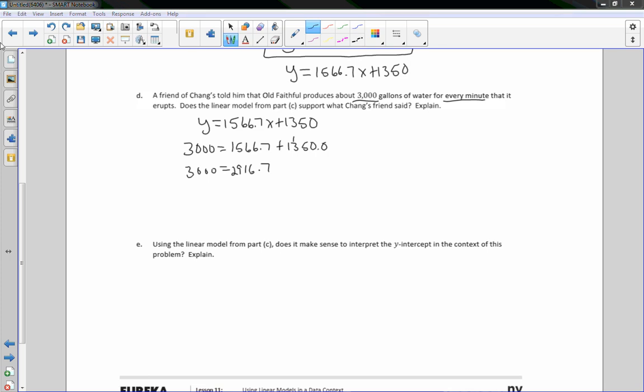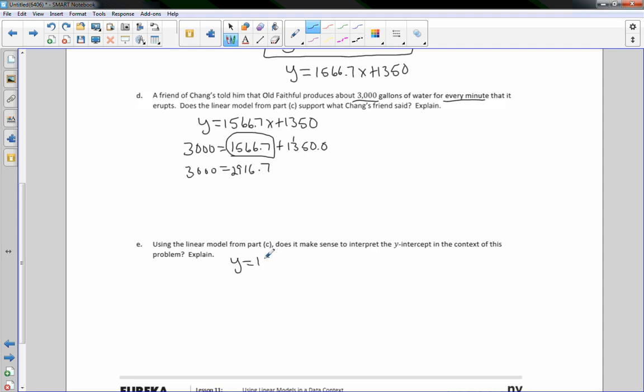Yeah, so with giving that thought, our rate of change is right here. This is our rate of change. Okay, and that is not 3,000. So the answer is no. So what he was possibly thinking was, when I plug this value in for 1 with my y-intercept that we predicted up here, that we get 3,000 gallons every minute. Well, it's actually 1,566.7 gallons per minute.